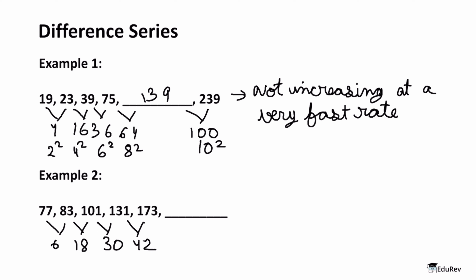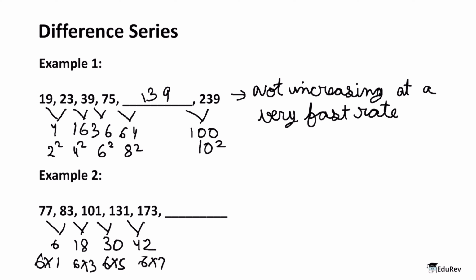Okay. Now there is not much pattern to be seen here. But I can write 6 as 6 into 1, 18 as 6 into 3, 30 as 6 into 5, 42 as 6 into 7. So here I can see that every odd number is being multiplied by 6 and then we are getting the difference, and that is how we will get the answer.